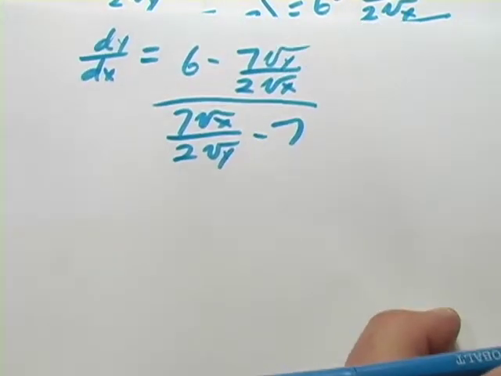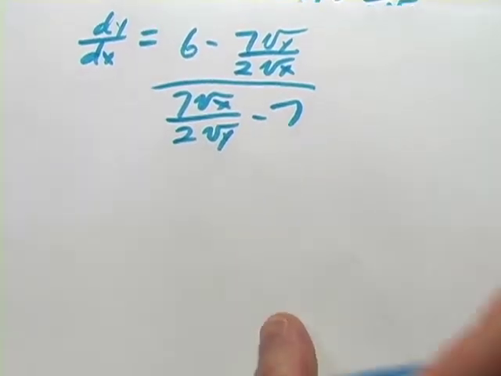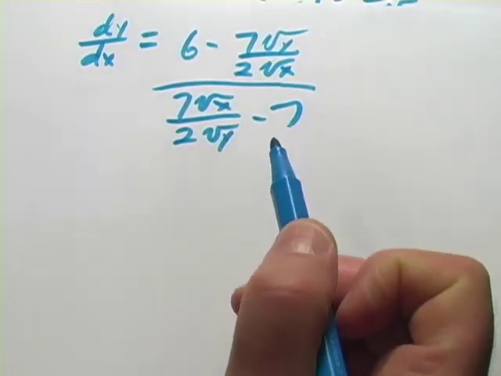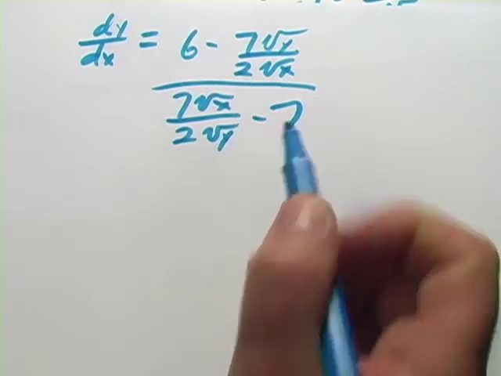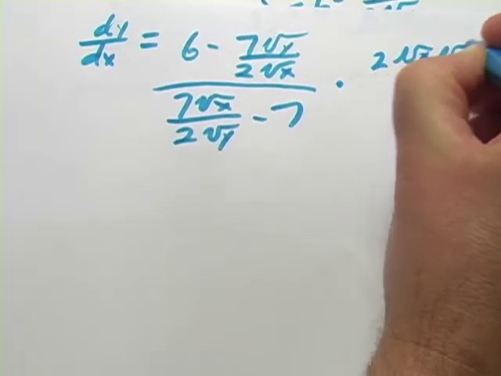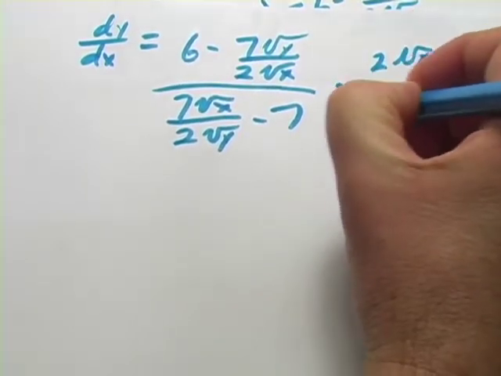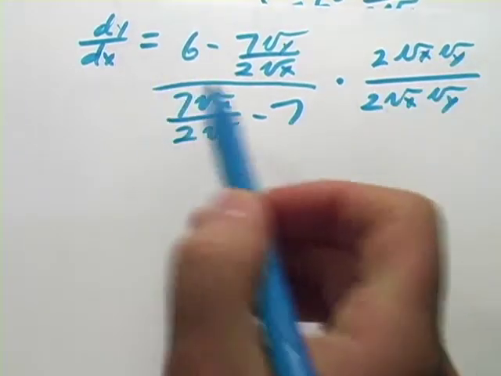Now, that's pretty complicated, so I think we need to do a little bit of simplification with that. And let's see. I think in this case, the way I might approach it is to multiply by 2 square root of x square root of y over 2 square root of x square root of y. This is just 1 I'm multiplying, so I'm not really changing anything.